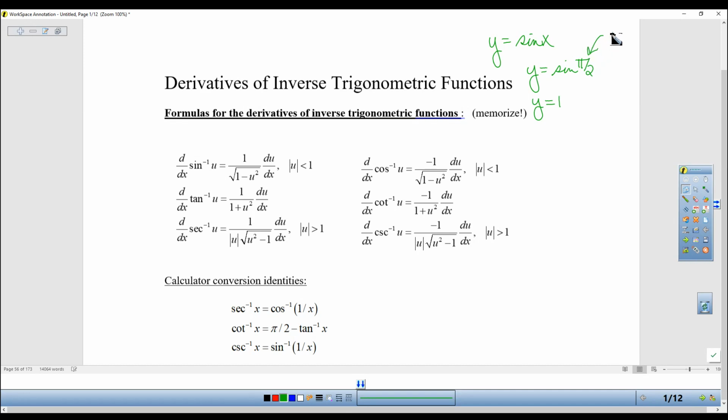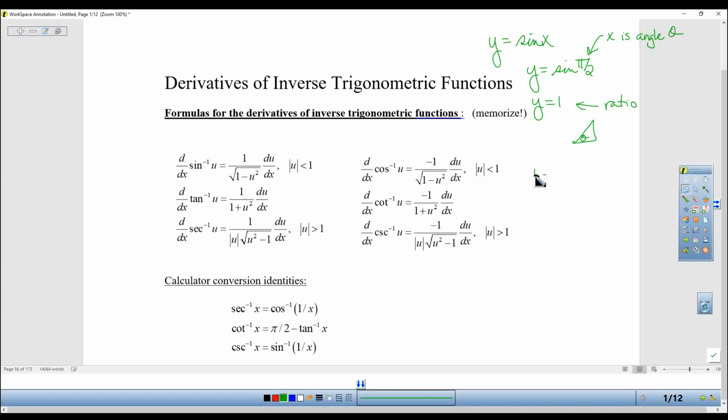So the x is the angle, which we often refer to as theta, and the y is the ratio of the sides in a triangle. So at a certain theta, you could figure out the ratio.